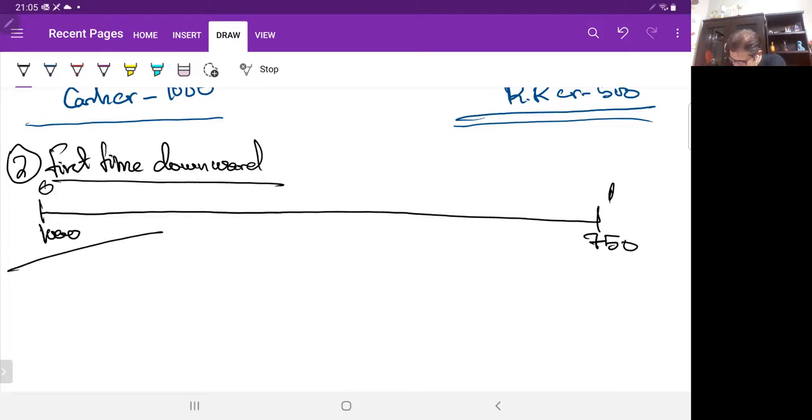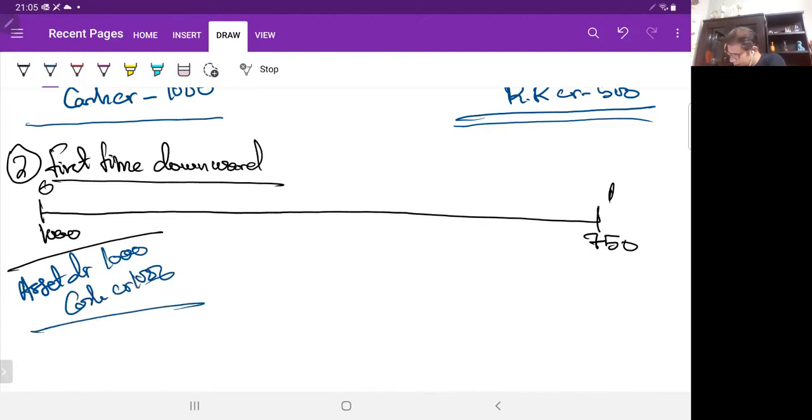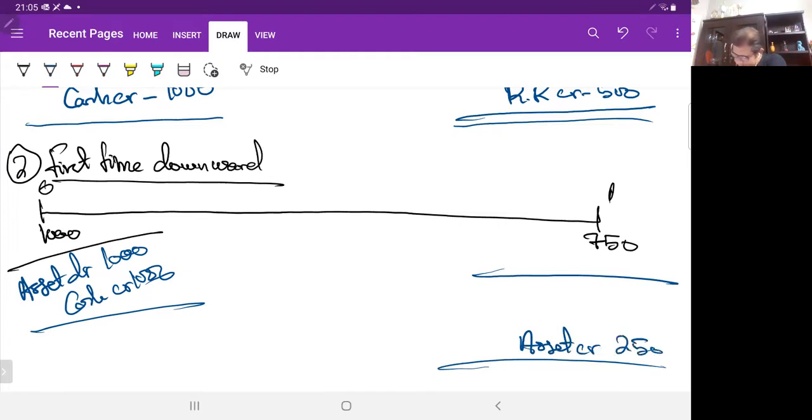Right, now when we purchase the asset, debit 1,000, cash credit 1,000. Now asset goes down by 250, right? So asset will be credit 250. As it goes down, we will debit the profit and loss account. We will record expenses of 250.